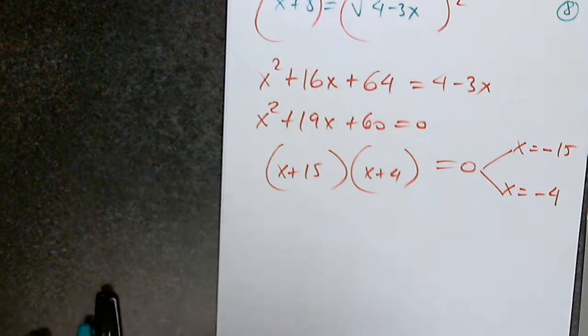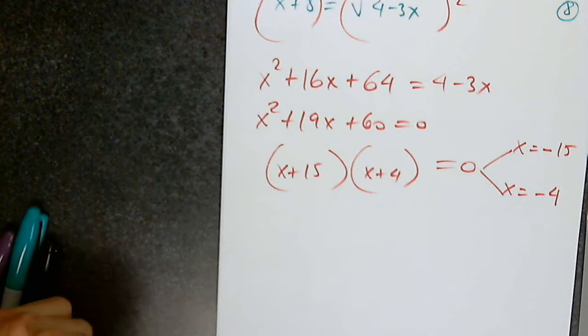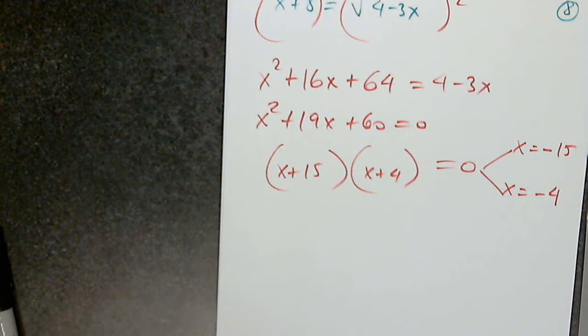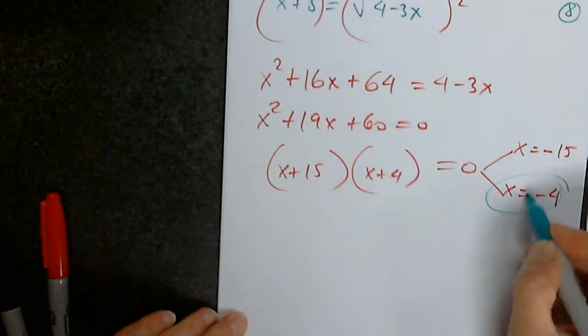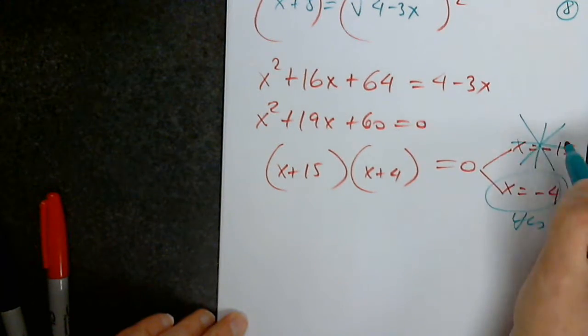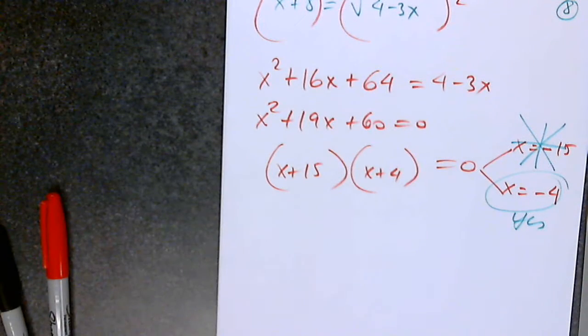Because remember, this is the only option we have, but the answers may not work in the original problem. That is that potential risk. So do they both work? None or just one? Which one is it? Negative 4. Negative 4, yes. Negative 15 does not. I agree.